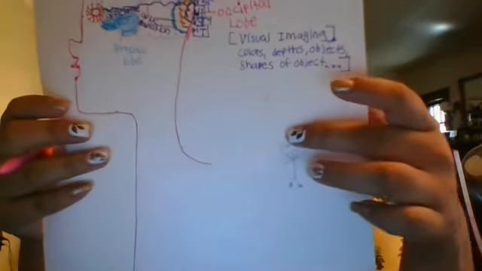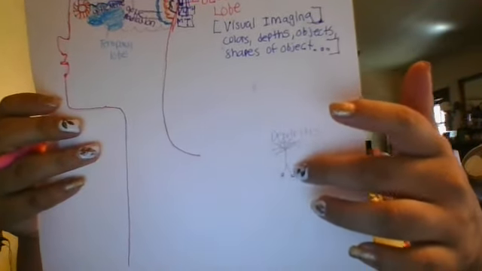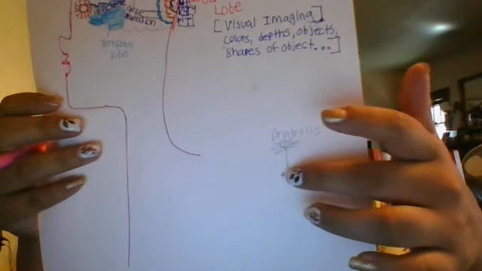And then you have your terminal axons. So you got your dendrites, your axon, and then right here are your terminal axons. The terminal axons connect to other dendrites.